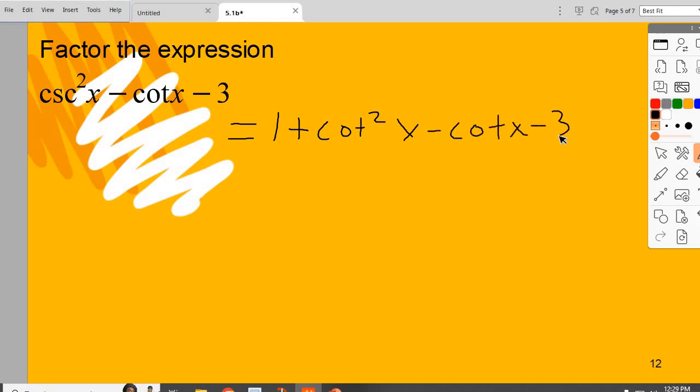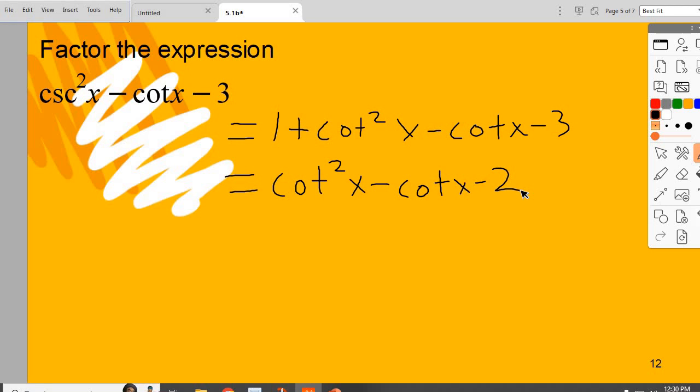So are we all okay with why we chose to replace the cosecant squared? Yes? Okay. So now we just kind of want to rewrite it so it looks a little bit more like the quadratics that we're used to factoring. So we're going to leave our squared bit at the front. I have a minus cotangent of x. And then 1 minus 3 gives us a negative 2.